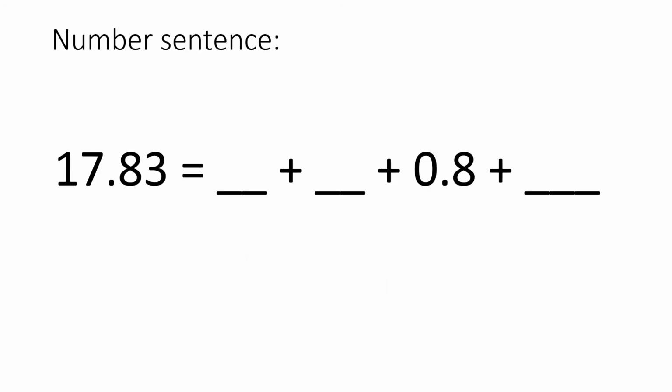As a number sentence, what would the missing numbers in this number sentence be to create the number 17.83? I know my first digit is a 1 and it's in the tens column, so I know I need 1 lot of 10.